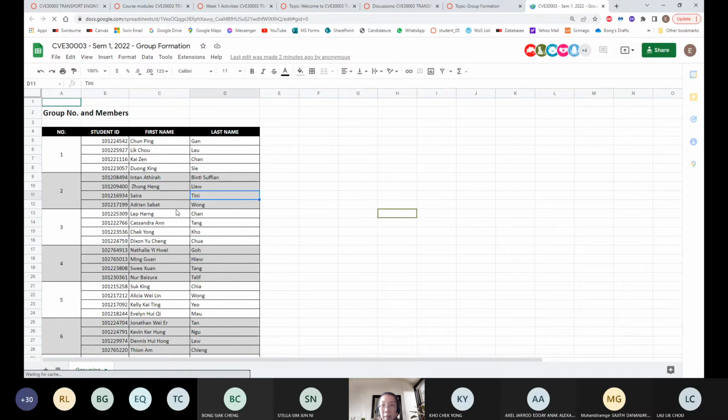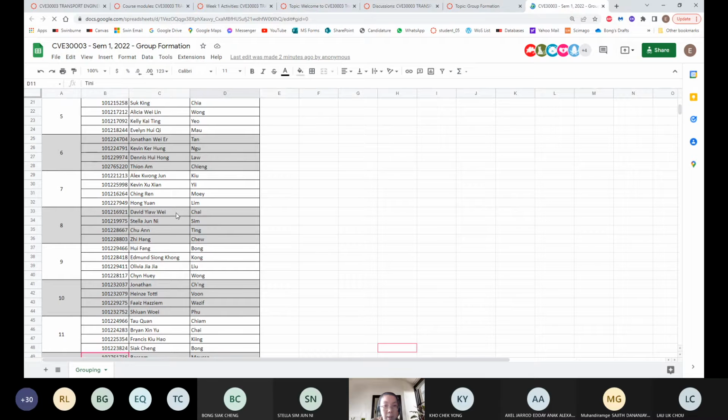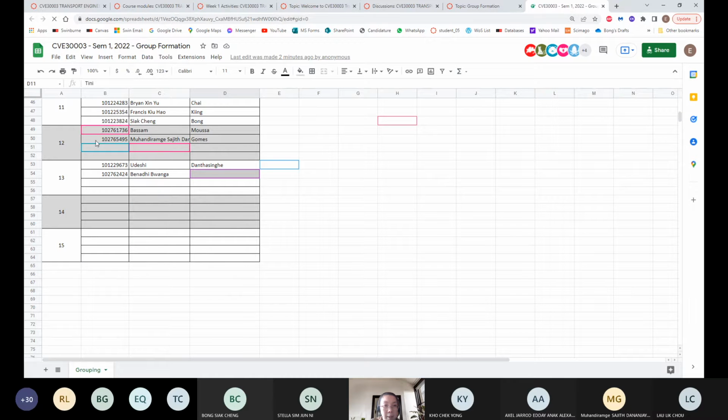But if you have incomplete ones, say only 2 members, then at the end of week 2, if I still see incomplete groups like this, I will have the right to help you form the group. I may just randomly either put somebody in your group or take you out and put you somewhere else.